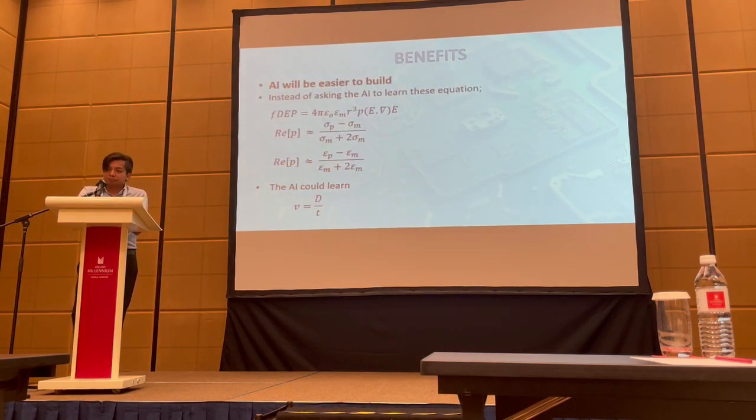So what's the benefit? The integration will be easier. Instead of asking the AI to learn this complicated equation, which is the DEP equation, now we can just ask the machine learning to learn the velocity equation. So it will be very simple to integrate the AI into our system.